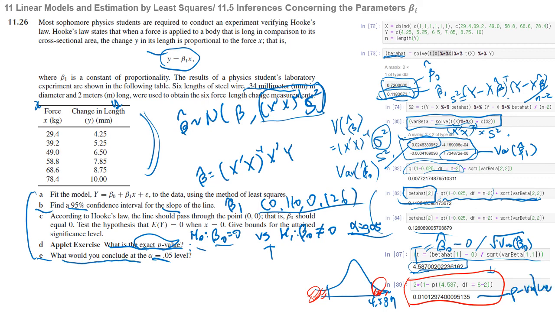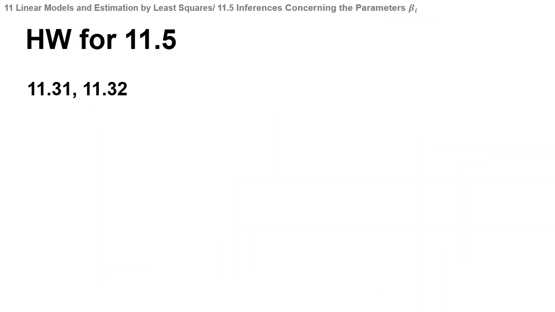What would you conclude at the alpha equals 0.05 level? Since your p-value is less than 0.05, you reject the null hypothesis. And so we support that beta 0 is not equal to 0. This is our conclusion. Here is the homework for chapter 11.5.